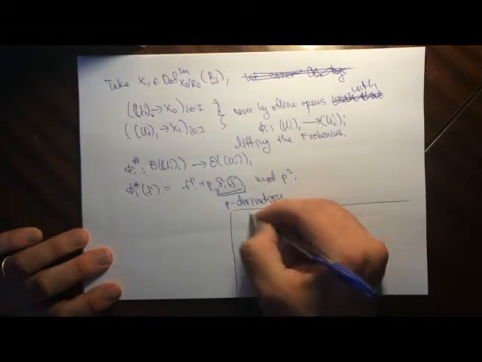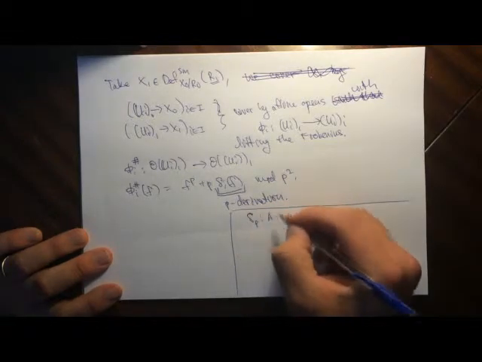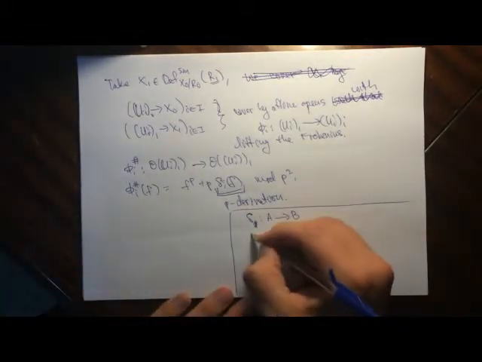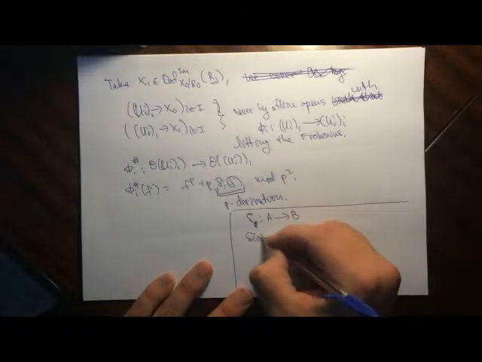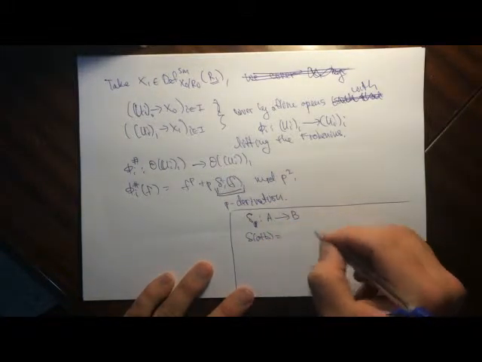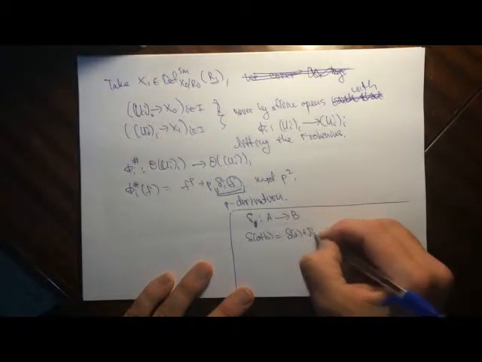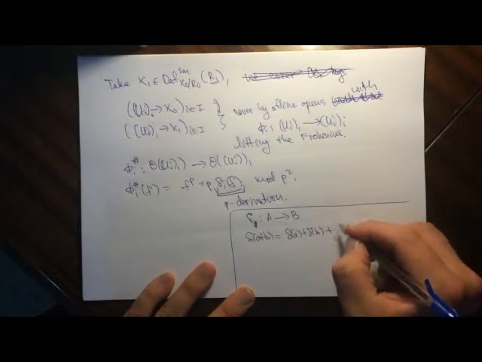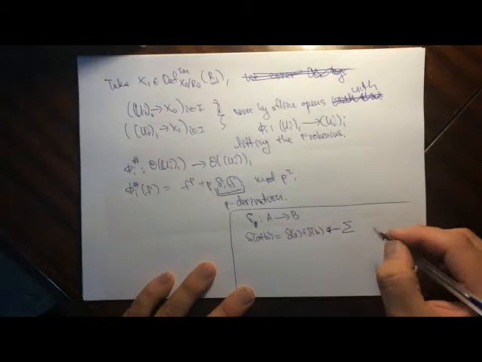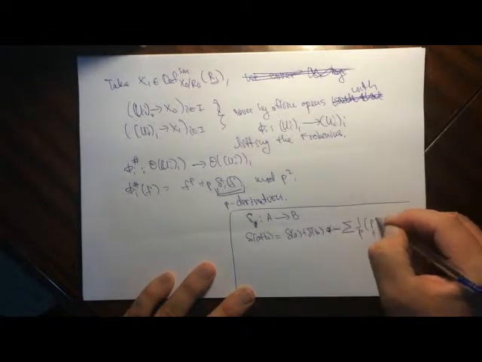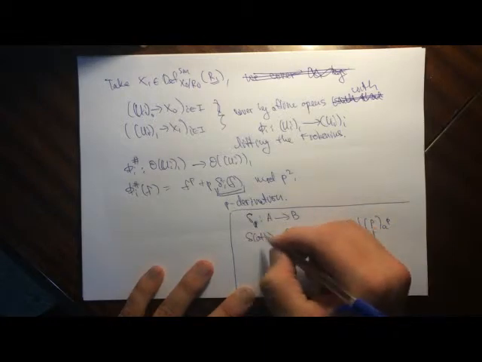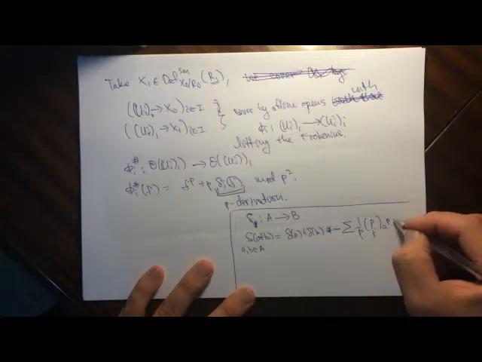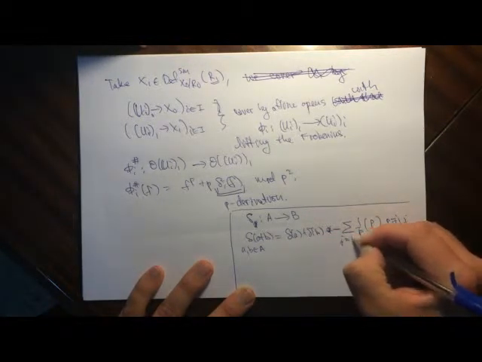So abstractly, it's just a map, let's say delta, from one ring to another ring, that satisfies the following. It's like a derivation, right? But it's not quite. Delta of a plus b is going to be equal to delta of a plus delta of b, and then we're going to have some leftover stuff, minus the sum over j from 1 to p minus 1 of 1 over p times p choose j, a to the j, b to the p minus j.